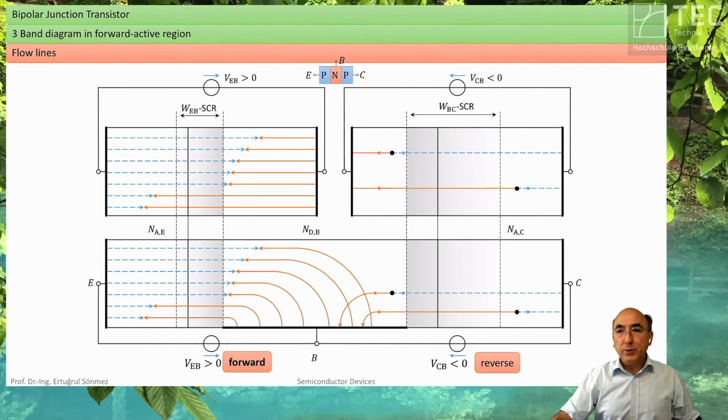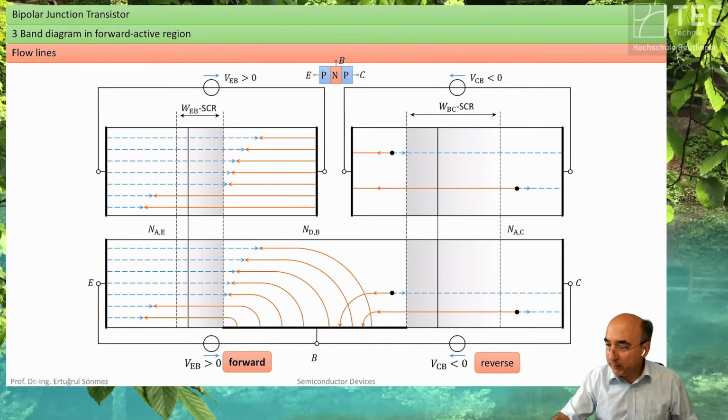So what we do now, we take these two diodes, leave away the contact of the N of the base, and connect these two diodes directly together and place the base contact here. What happens? Nothing special.